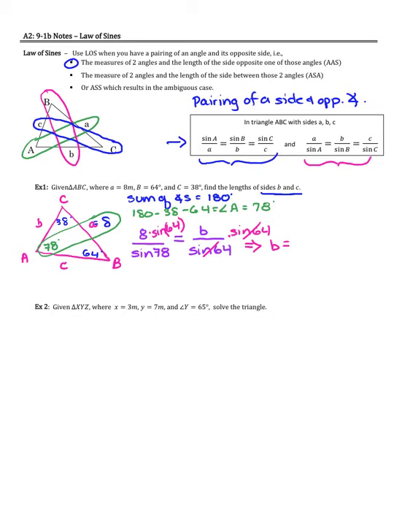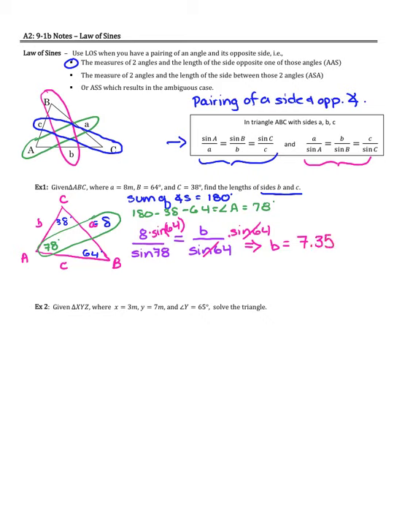So I'm going to go on my calculator, and again, you might want to pause this video and try it on your own and see if you get the same thing I get. So I'm going to go 8 sine 64, close my parenthesis, divided by sine 78. The parenthesis at the very end of your equation doesn't matter, but you can close it if you want. You should get B is 7.35.